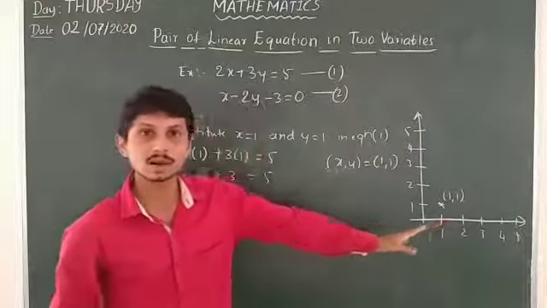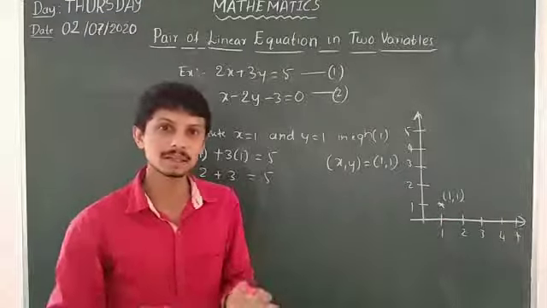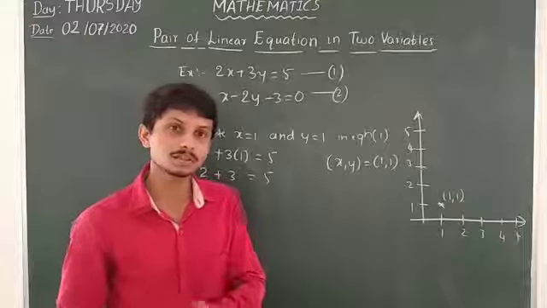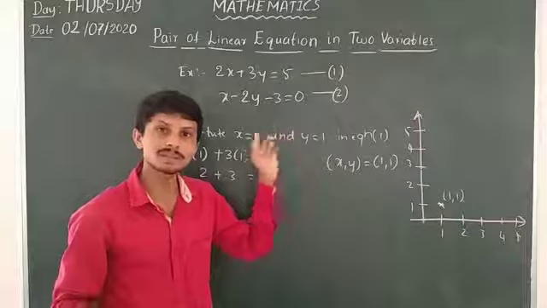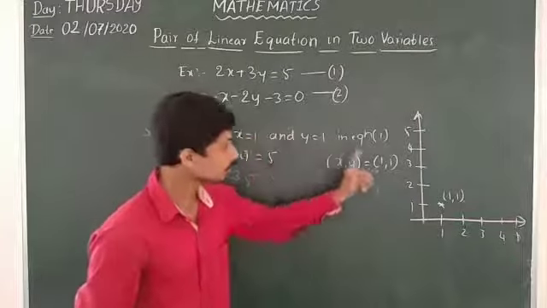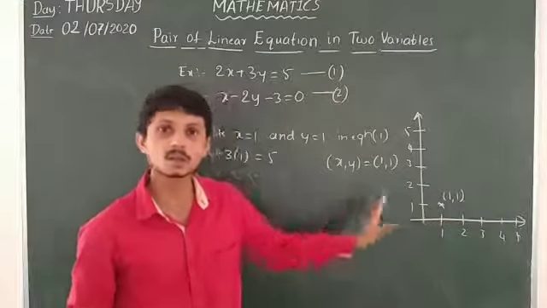This is what we always call the geometrical representation of a linear equation in two variables. So here we represent x is equal to 1 and y is equal to 1, the solution of this linear equation, on the coordinate system.